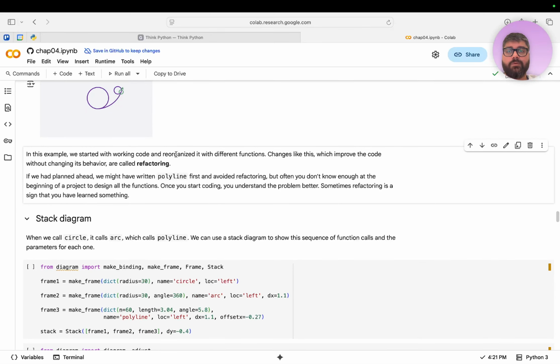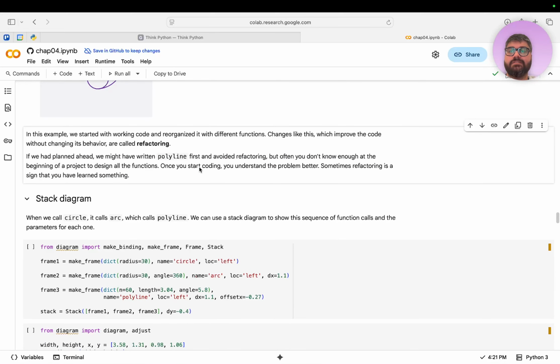We started with working code and reorganized it with different functions. Changes like this, which improve the code without changing its behavior, are called refactoring. If we had planned ahead, we might have written polyline first and avoided refactoring, but often you don't know enough at the beginning of a project to design all the functions. Once you start coding, you understand the problem better. Sometimes refactoring is a sign that you have learned something, and that's very true.